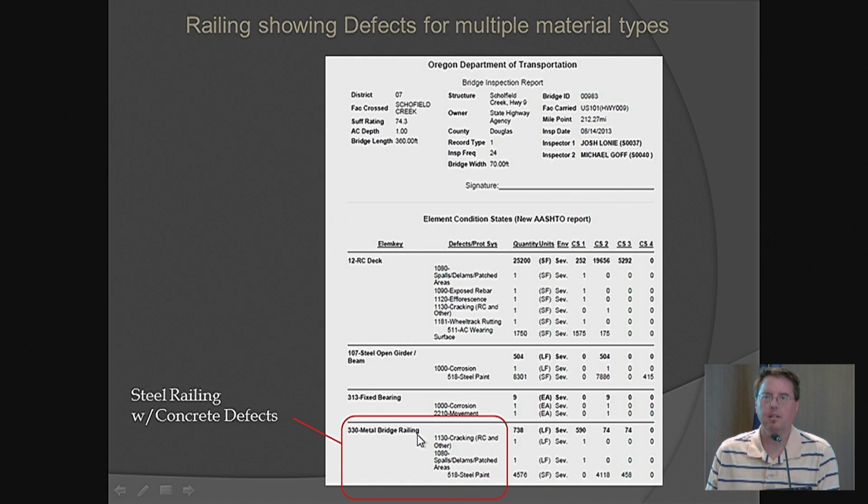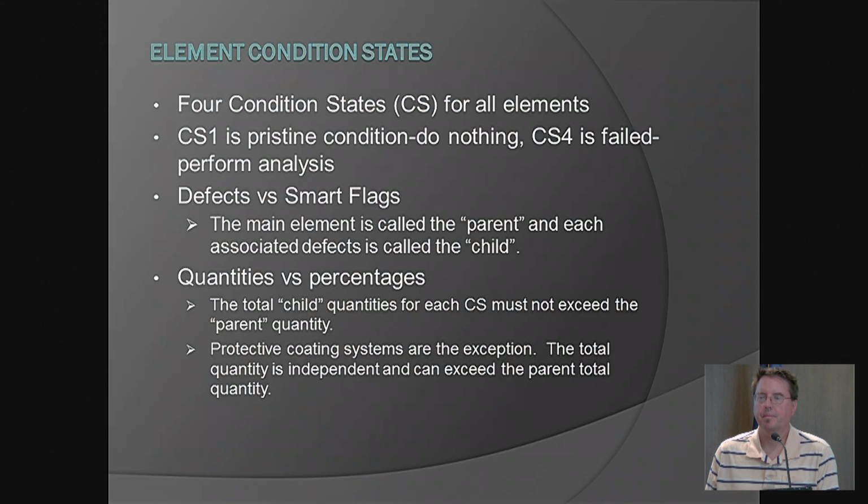It's the main item, and then each of the defects are listed underneath it. So the 4 condition states, as we mentioned before, condition 1 is your pristine or good condition. Your CS4 is severe or it has failed and you need to perform analysis.